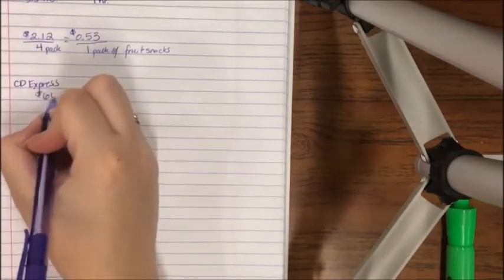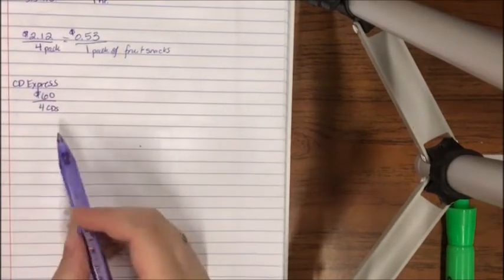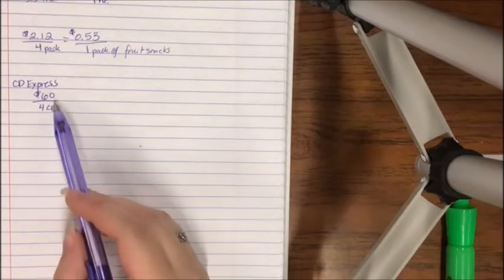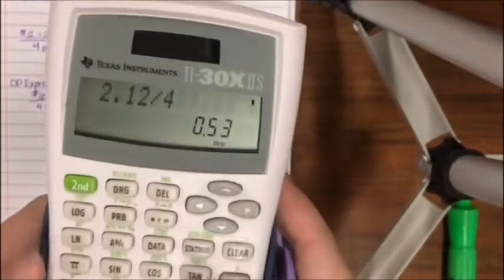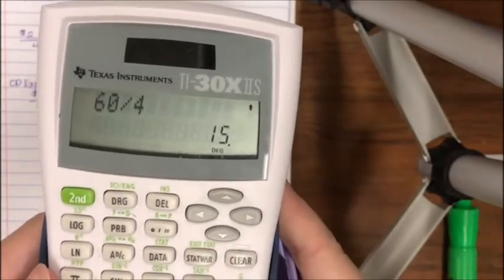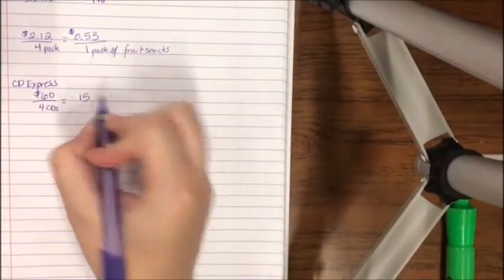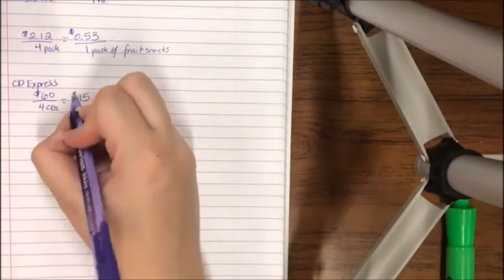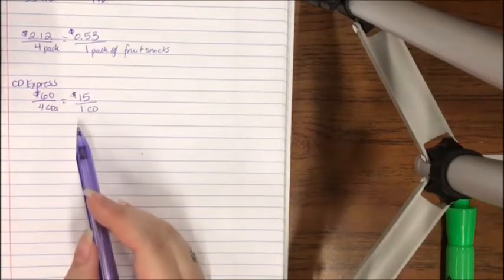So CD Express, that's $60 for 4 CDs, right? So I've written it out. Here's my rate, 60 over 4. Okay, I'm going to take my calculator, 60 divided by 4, and I get 15. So this 15 tells me it's $15 for 1 CD. So now I found the unit rate.